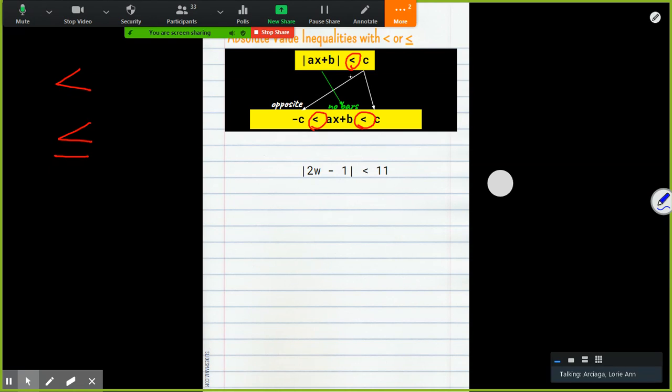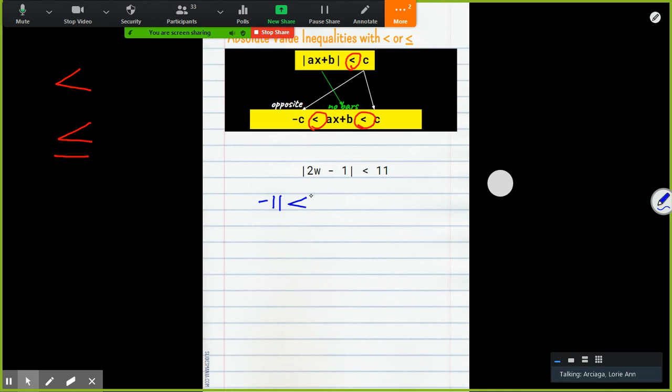So if I'm solving the absolute value of 2w minus 1 is less than 11, what do I do first? I start with the opposite. If this is 11, I go negative 11, right? Next, I copy the same sign, but it's less than, so I just bring it down.